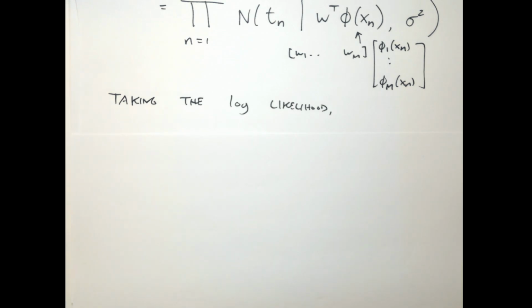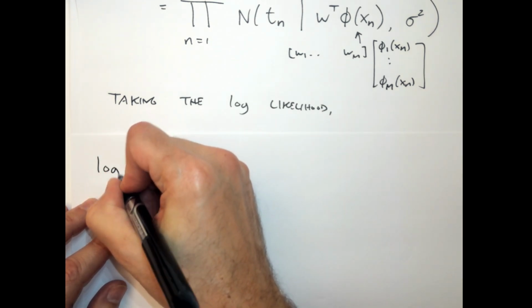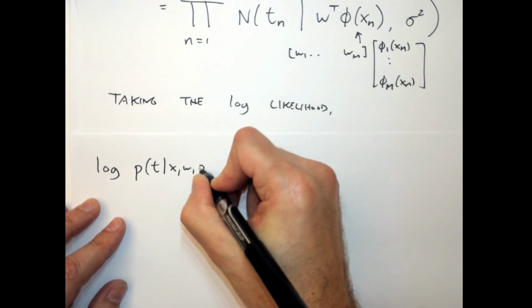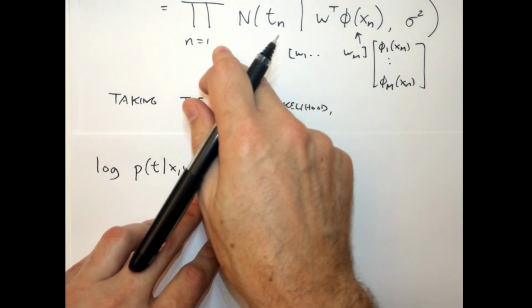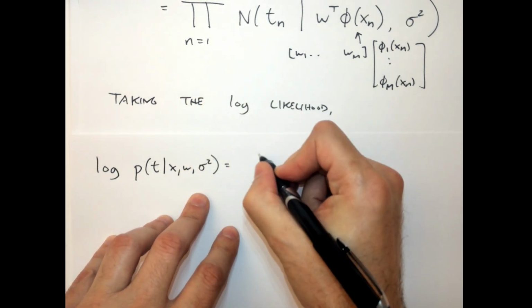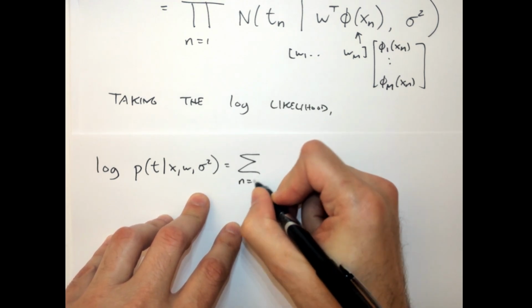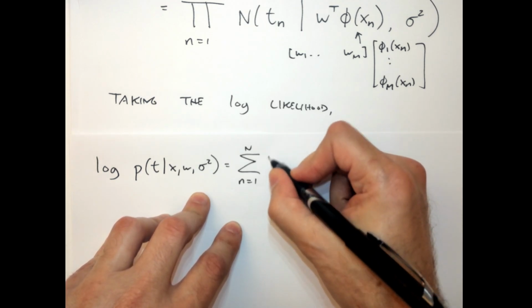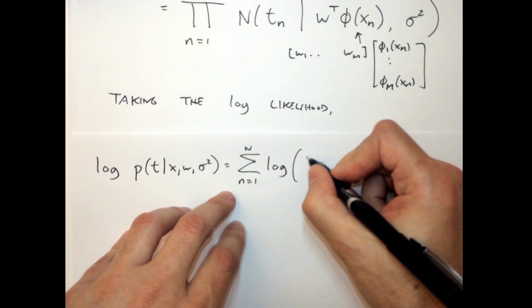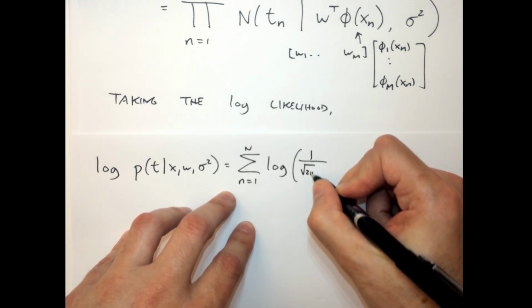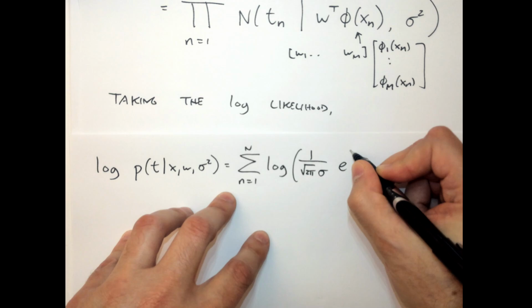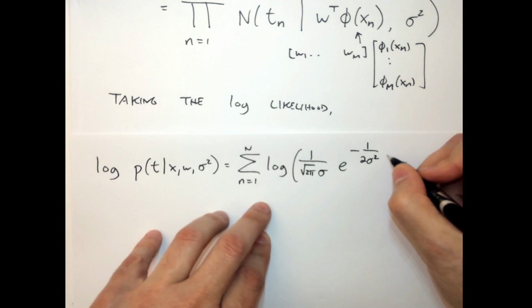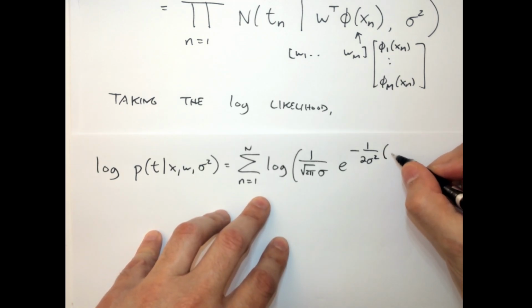So the log of this probability: the product becomes a sum, right? The sum from n equals 1 to N of the log of the Gaussian PDF. And the Gaussian PDF is 1 over the square root of 2 pi sigma, e to the minus 1 over 2 sigma squared times x minus the mean, squared.